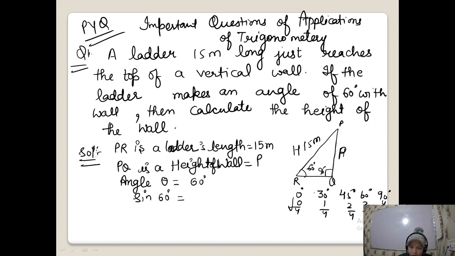You can find the sin 60 degree value, that is root 3 over 2. Now you can write root 3 over 2.